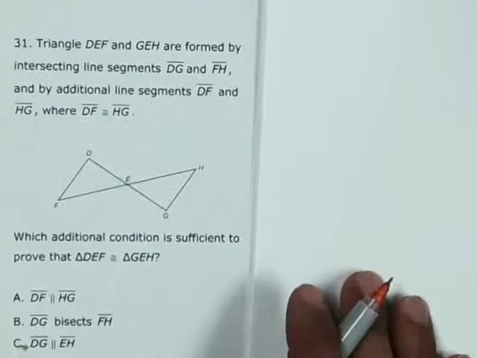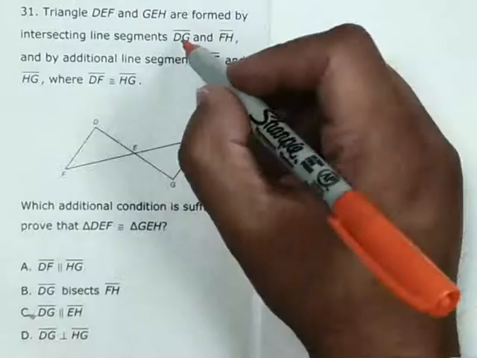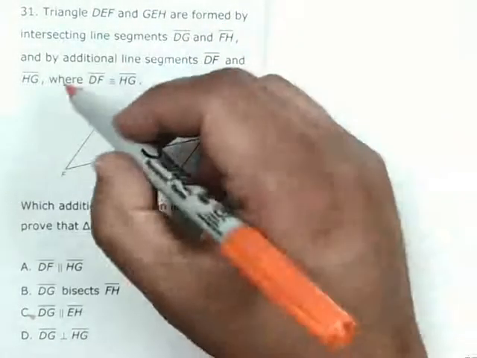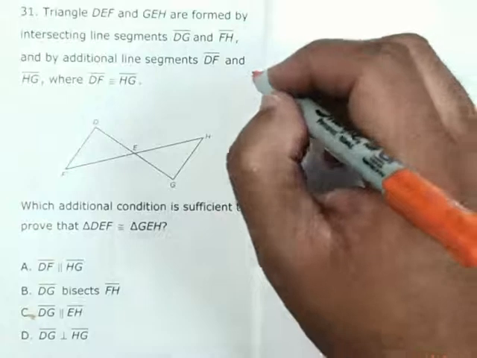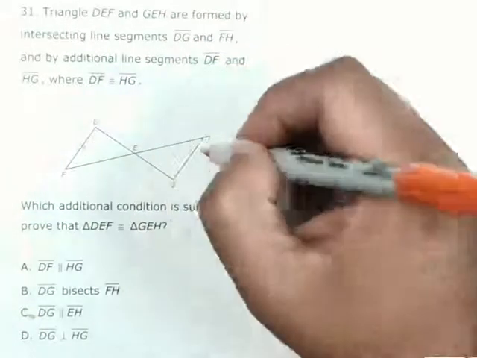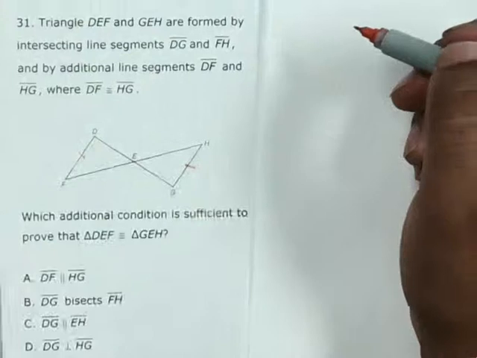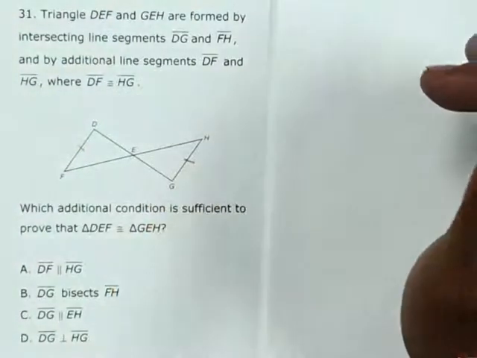Number 31, triangles DEF and GEH are formed by intersecting lines, DG and HF, by additional line segments DF and HG, where DF is congruent to HG. Which additional condition is sufficient to prove that DEF is congruent to GEH?